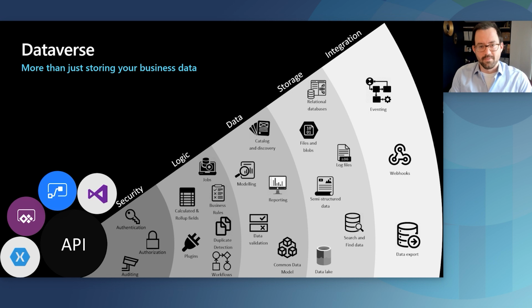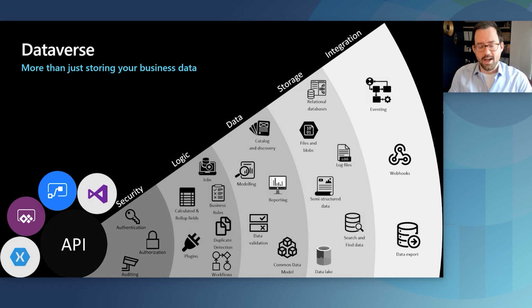So if you're going to use files, they will be stored in blob storage. If you're going to use non-relational data, it will be stored in elastic tables. If you're using relational standard data, it will be stored in SQL. And those decisions will be made by the platform itself for you.